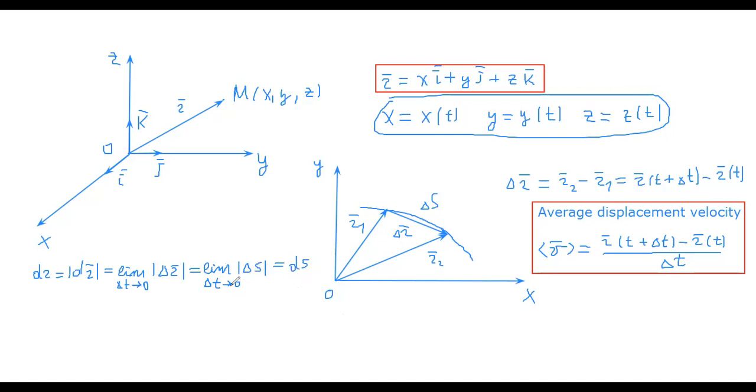So when we use very small delta t, limit delta t to 0, the length of way will be equal to absolute value of displacement vector. Is it clear, or do you have some questions about this? No questions. Okay.